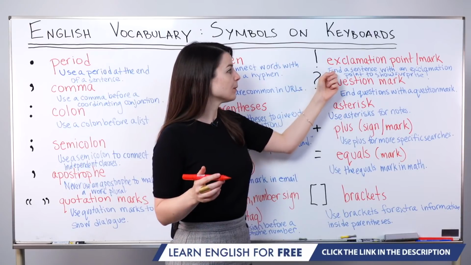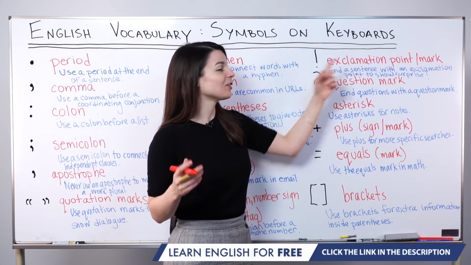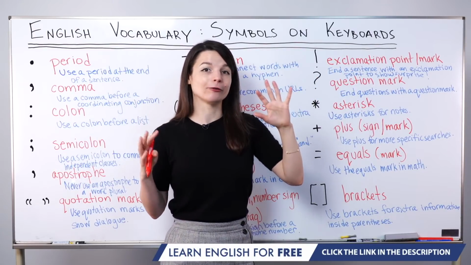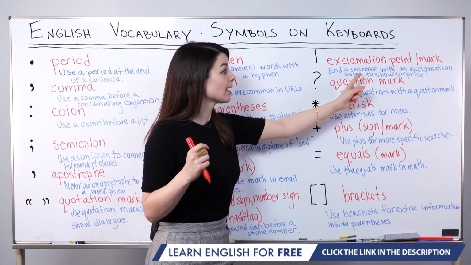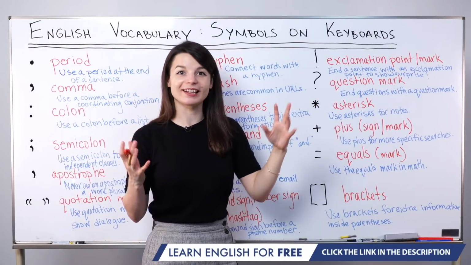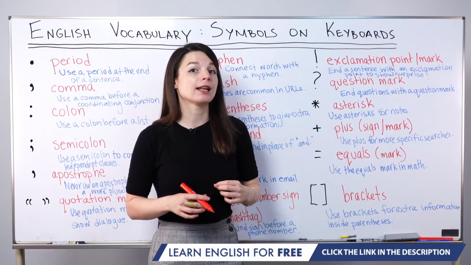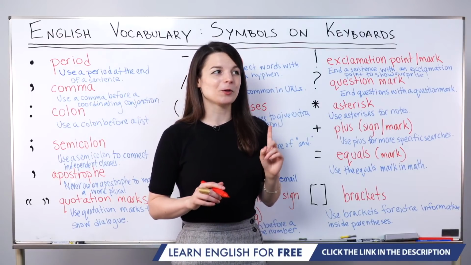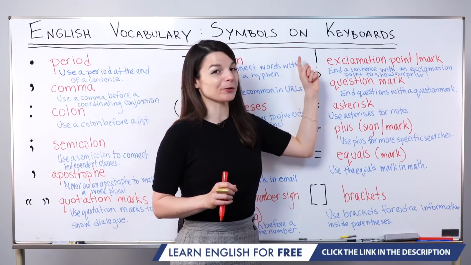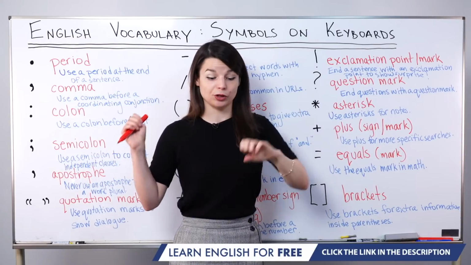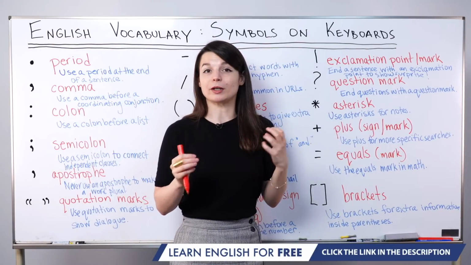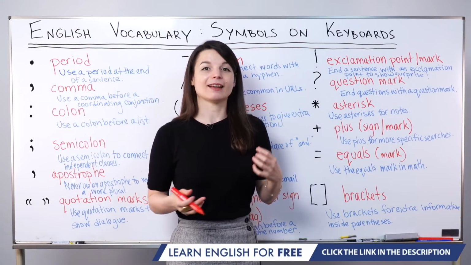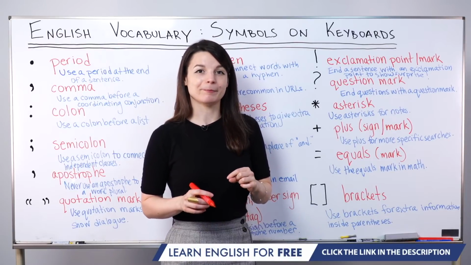So for example, when I read this sentence, I could use that excited tone of voice, like "End a sentence with an exclamation point to show surprise!" That's the feeling of using an exclamation point. So you might see this used a lot on social media to show surprise or to show shock, or maybe if someone is scared, they would use an exclamation point to describe that.